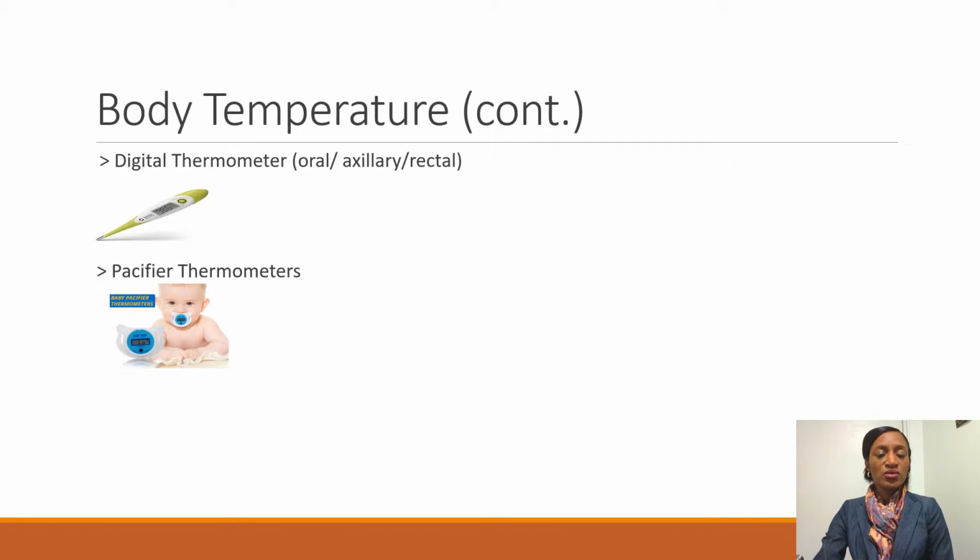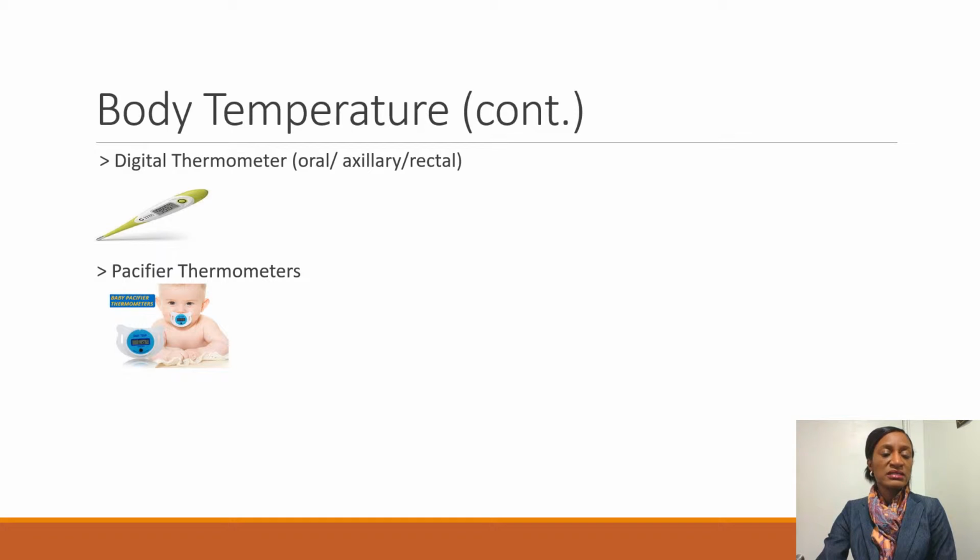The other two thermometers that are used now are the digital thermometer, which can be used via the oral route, the axillary route, or the rectal route. As you can see here, it has the digital display, and the end of the probe here is where it would go orally, axillary, which is under the arm, or rectally.